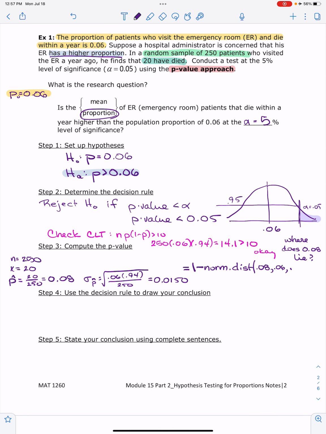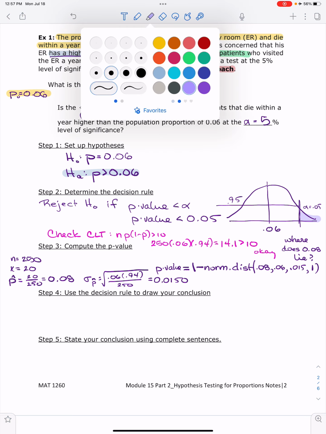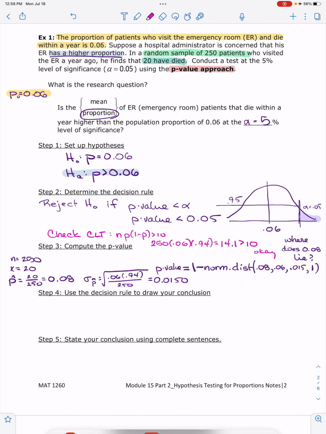Let's see, what is my standard deviation? 0.015 and then 1. This is going to give me my p-value. And I am going to highlight this in hot pink so you know this was our Excel command. I get a p-value, the probability that my proportion is greater than 0.08, of 0.0912.